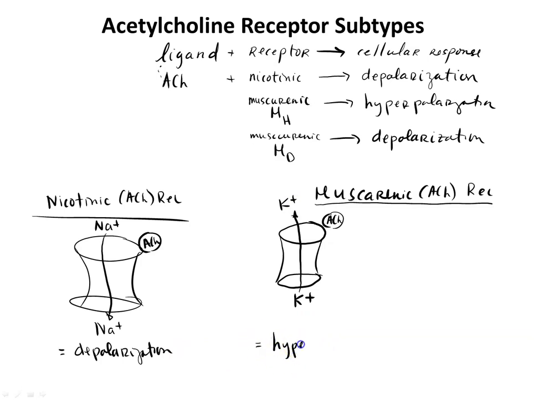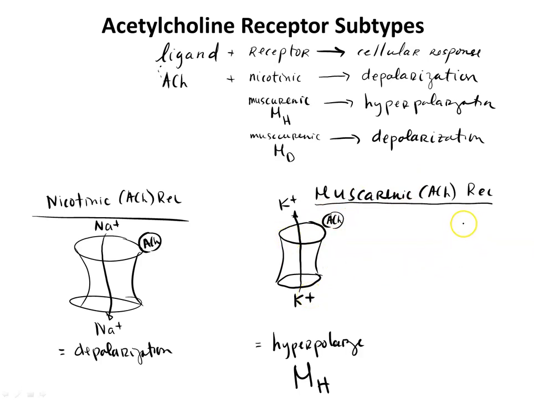I'm going to hyperpolarize. And therefore this muscarinic subtype is what we call M sub H in our class. H for hyperpolarize. Are you folks following me? So if I want to shut a cell off, I will stick an M sub H receptor subtype on it so acetylcholine can come turn that cell off.